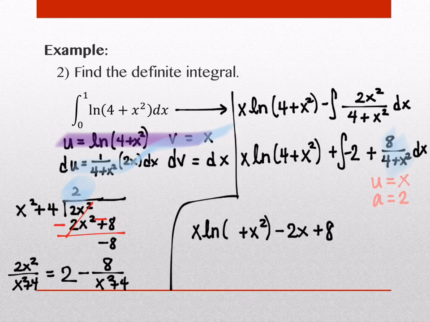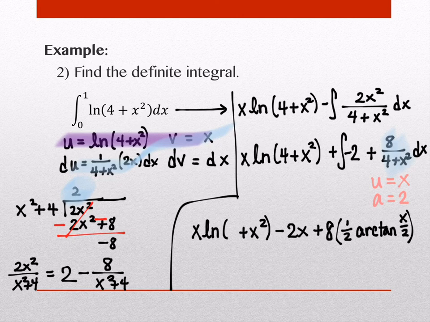What does the arctangent formula say? You guys have sheets. I didn't have my sheet here with me. 1 over a times the arctangent of u over a. So that's 1 over 2 times the arctangent of x over 2. And then somewhere in the end I would have a plus c. I'm not going to have a plus c on this problem, though. Why? I have the 1 and the 0 I've still got to deal with. Oh, but we're getting so much closer.